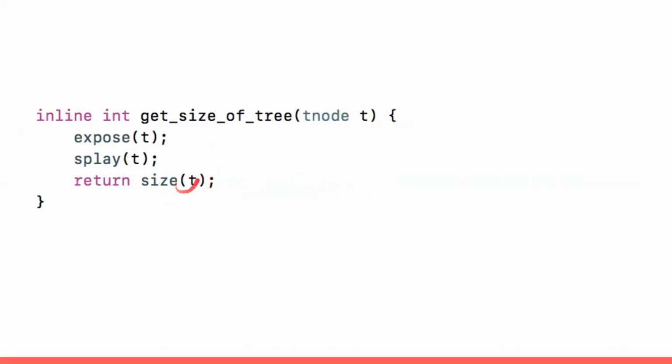If t is null, you return 0. If t is not null, you just return t size. And size is a variable in the node. Okay, any other questions?